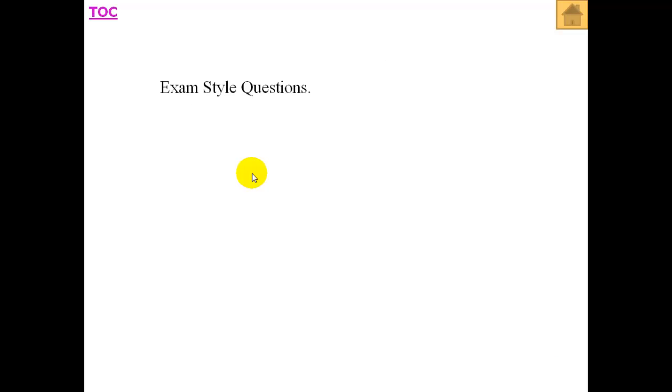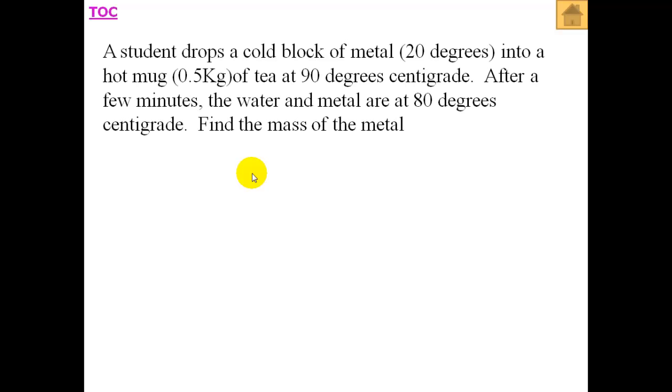Here we have an exam style question, an easy exam question, but they like to ask questions of this nature. A student drops a cold block of metal, which is at 20 degrees, into a hot mug, which is 0.5 kilograms of tea, which is at 90 degrees centigrade.